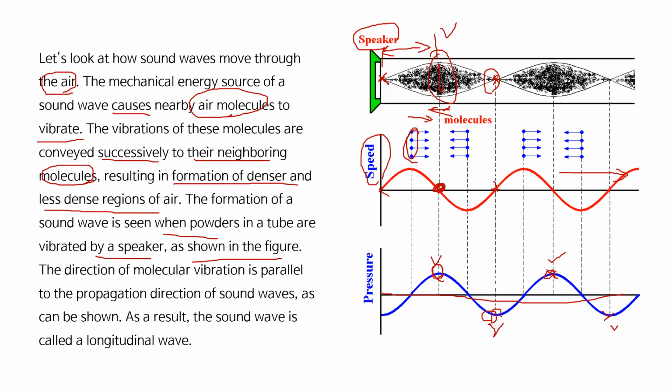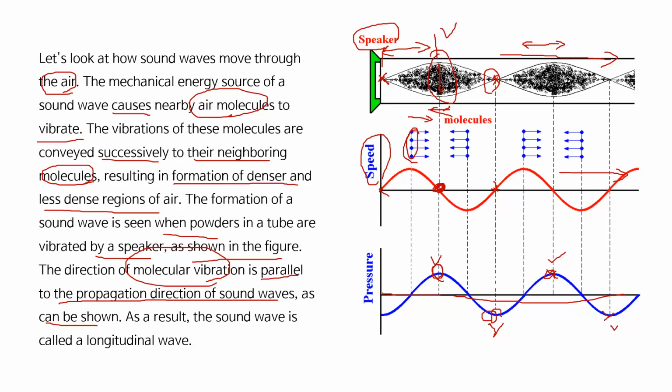The direction of molecular vibration is parallel to the propagation direction of sound waves, as can be shown. So vibration of the molecules in this direction, longitudinal direction, and the sound wave propagates in this direction.